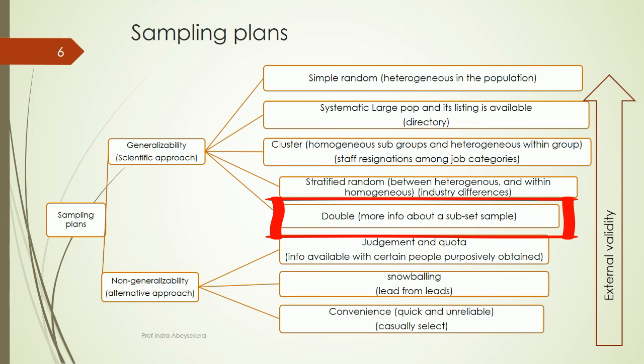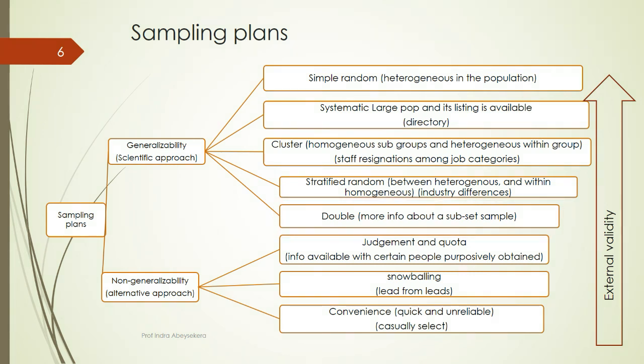we explore the target population, and from the target population, then we design a sampling plan, and the sampling plan could be for simple random, systematic, cluster, or stratified random.